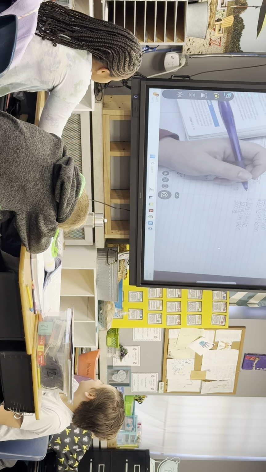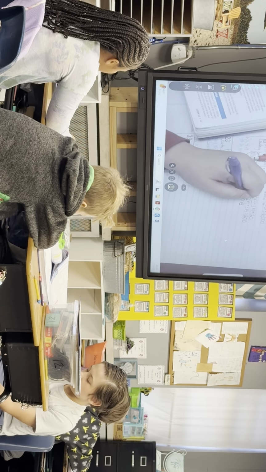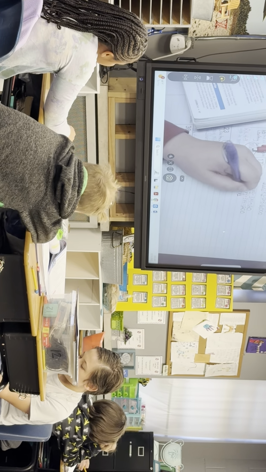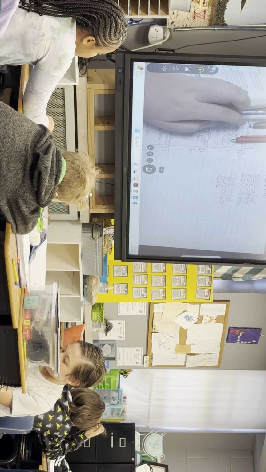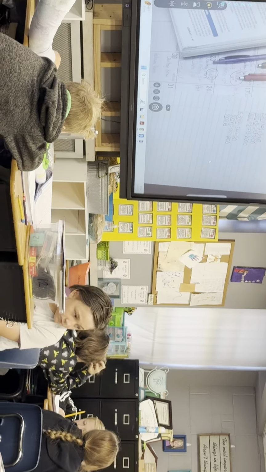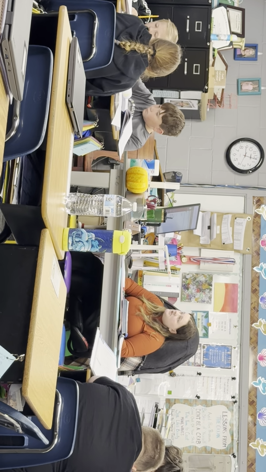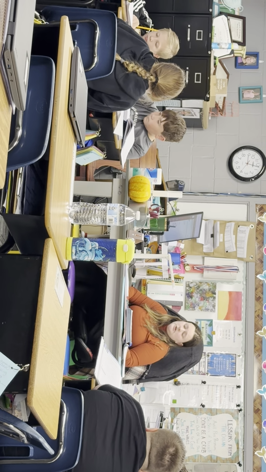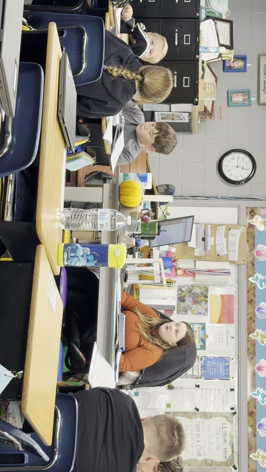There are 3 zeros in 3000, right? For all of you who can't hear Avery, she said take your red colored pencil, underline your non-zero digits, your 3 and your 4, then take your purple colored pencil and underline all of your zeros. In the number 3000, there are 3 zeros.